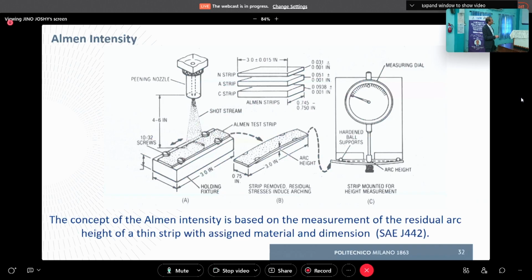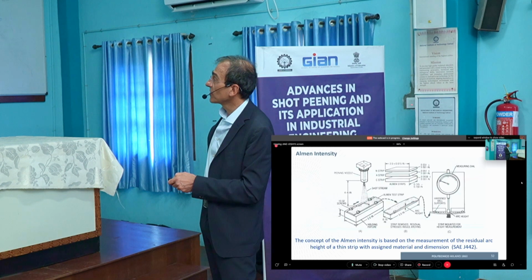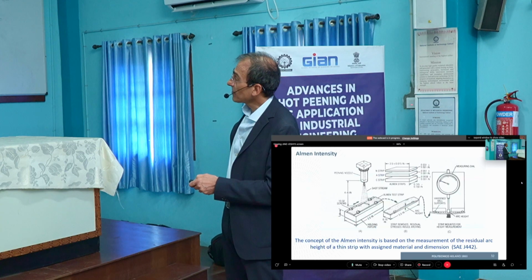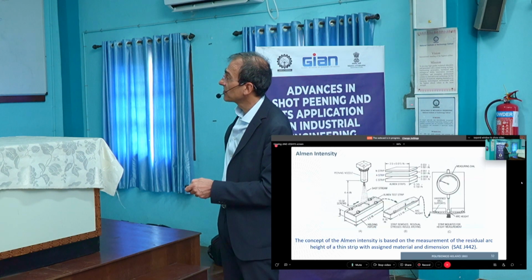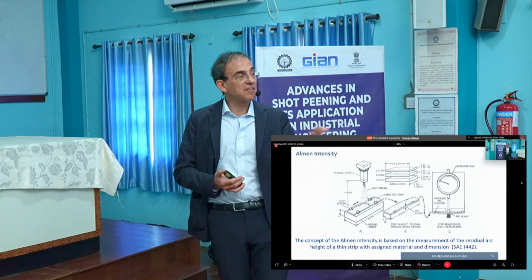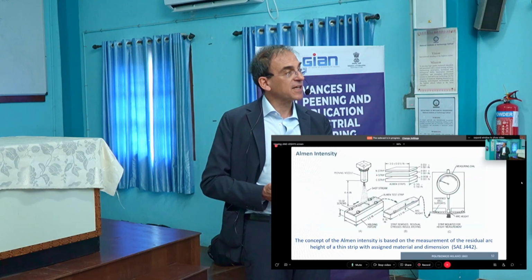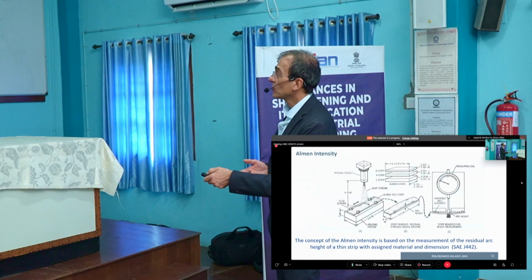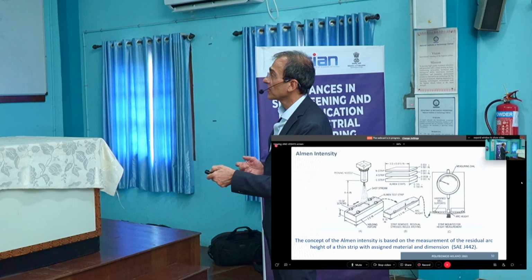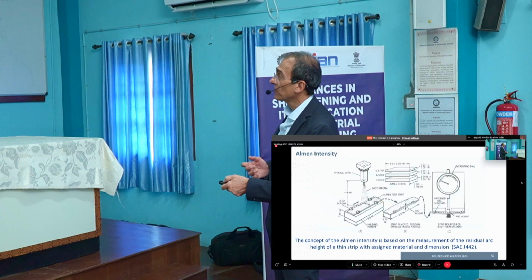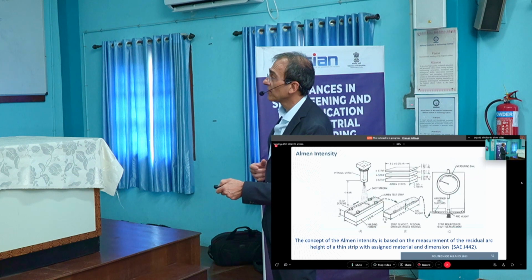Here this is a nozzle, so the figure is referred to air peening, but nothing is changing if you are using wheel peening. So the pressure in this case is fixed, the distance is fixed, and then we peen just one side. The bottom one is not peened, so we are not turning the strip up and down to peen also the second face.